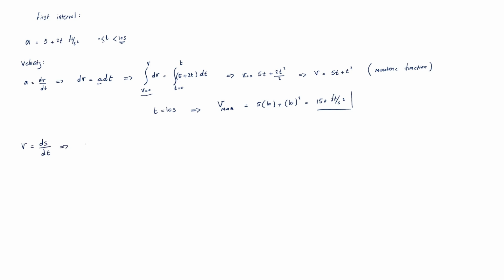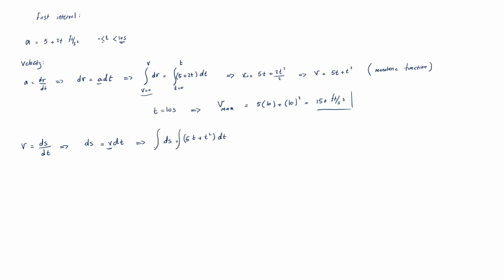So we can write ds equals v dt. ds, what is the equation of the velocity? It is 5 times t plus t squared, dt.